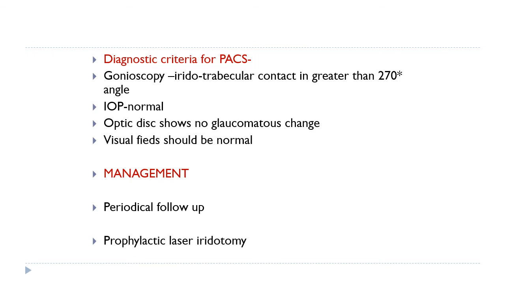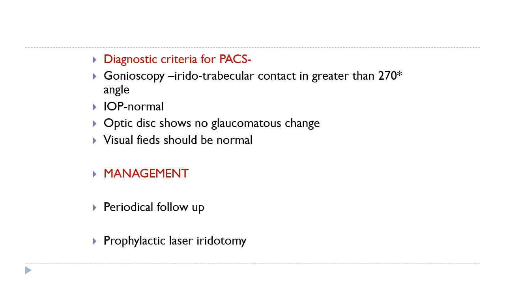So when more than 3 quadrants are closed, but IOP seems to be normal in patients and there are no optic disc or visual field changes, which are the factors to say it is glaucoma, only the gonioscopic findings are there and the rest of the things are all normal. That's why we are suspecting angle closure, because more than 270 degrees of the angle is closed. So what do you do in such patients?